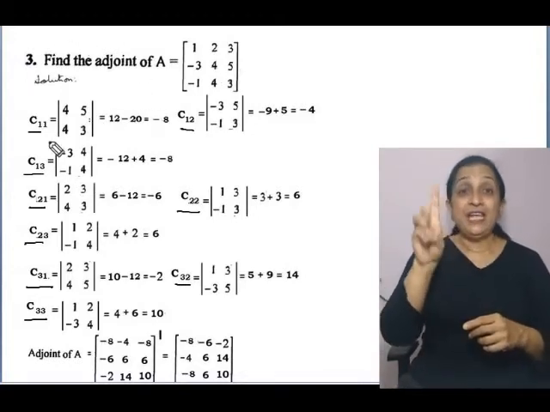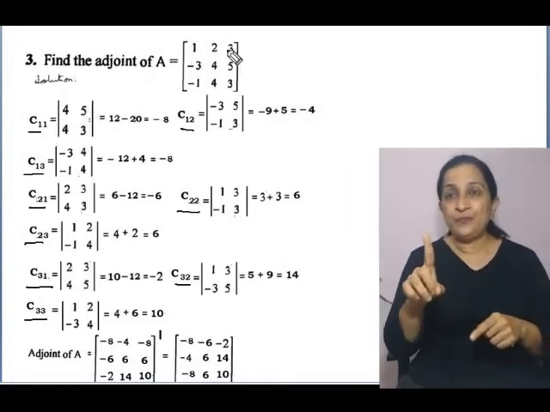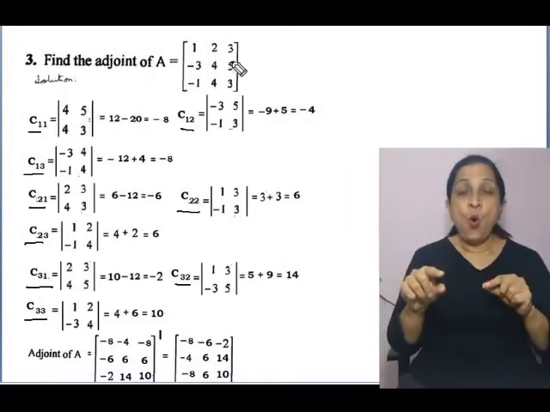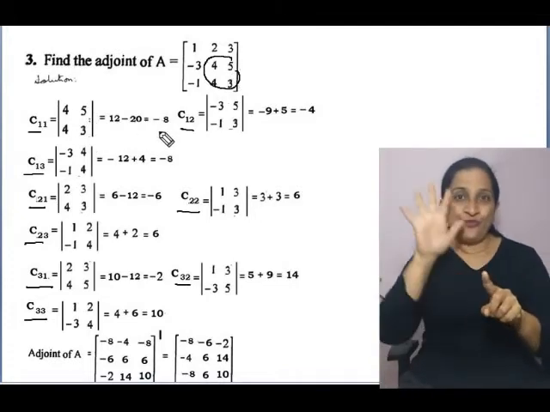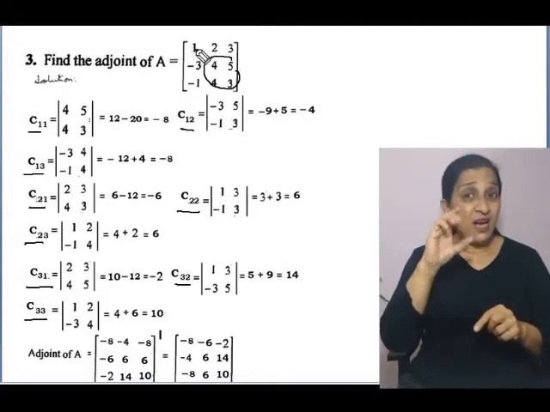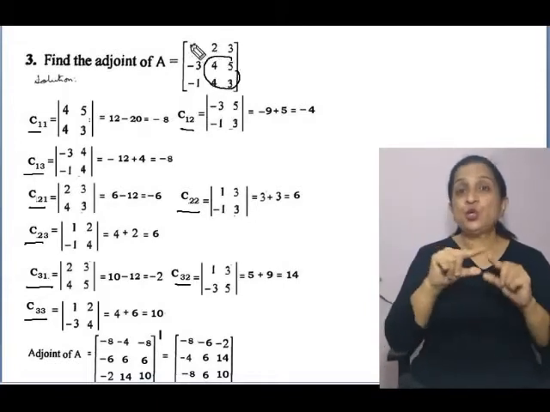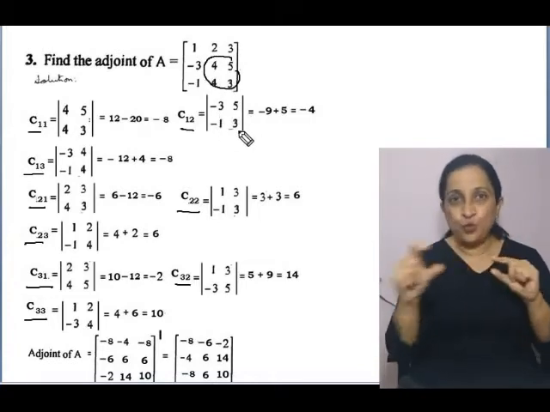Okay. So what is C11? That is first row and first column you leave off. Balance elements you put here 4, 5, 4, 3 and solve for that. Then what is C12? That is first row, second column. So these two you leave off. What remains here? Minus 3, 5, minus 1, 3.